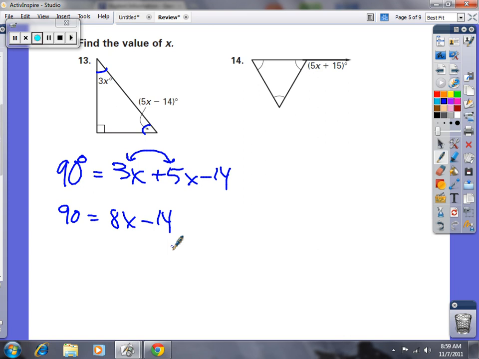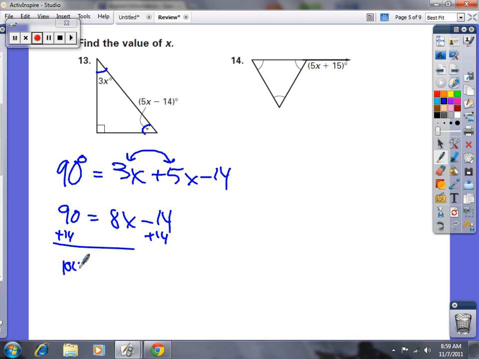Okay, now Christian, walk us through this. This is 8 times x minus 14. You need to get x alone. Do you undo the times 8 or do you undo the minus 14? No, you undo the plus and minus first. Undo the minus 14. So plus 14 on the right, plus 14 on the left. What's 90 plus 14?